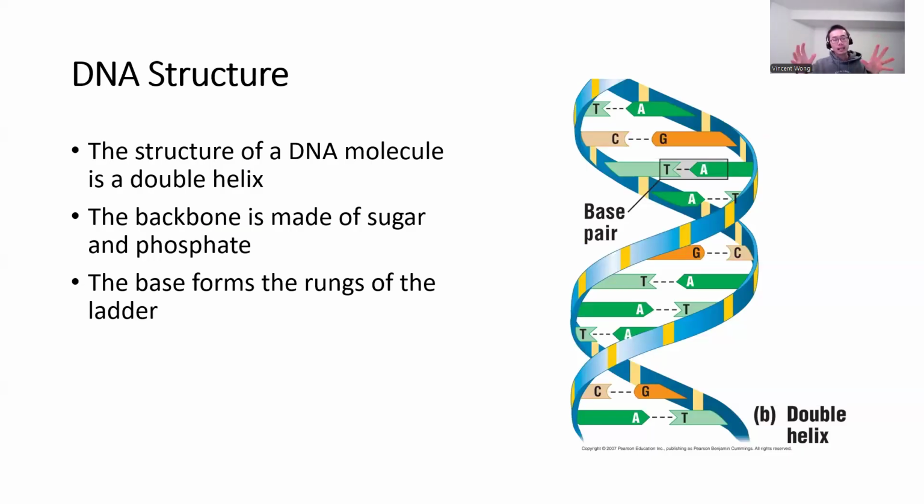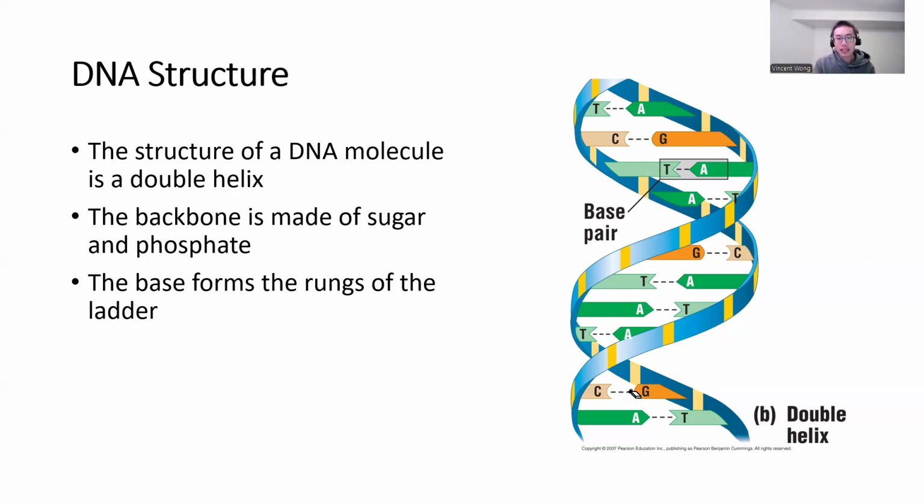The DNA is often described as a double helix. What is a helix? A helix is basically a spiral. But DNA has two spirals that are intertwined together, and it forms a double helix.